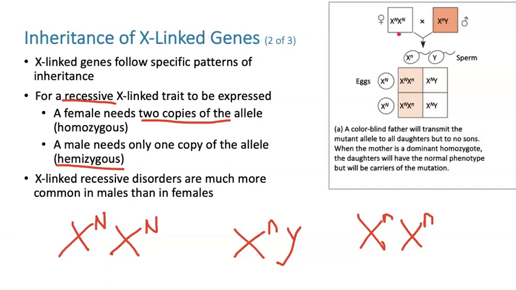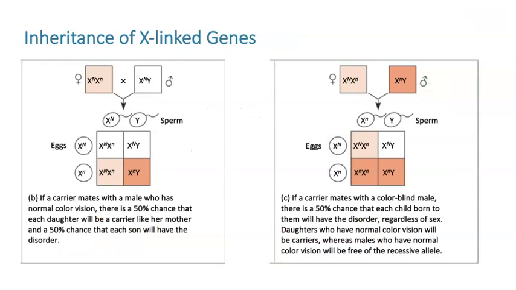So in this problem right here, we've got a colorblind father and a mother with normal vision, and notice that all the children here have normal vision. In this case right here, where the mother's heterozygous and the father has normal vision, if you look at that, we can actually see how a male with color blindness could be conceived.